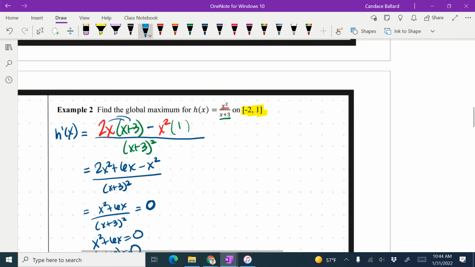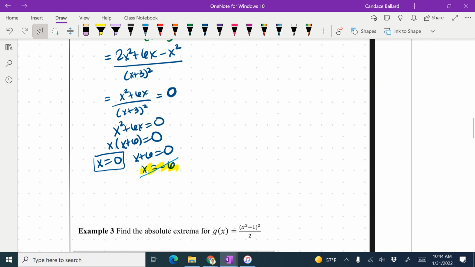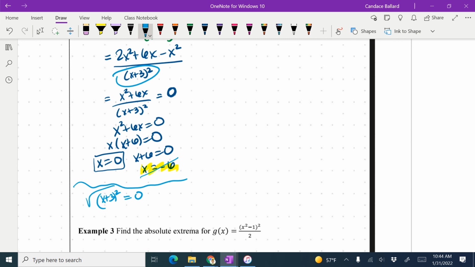So I also have to take this denominator and set it equal to 0 as well. So x plus 3 squared equals 0. All right, how do I undo the square? Take the square root, technically plus minus, but it's a 0. So x equals negative 3.